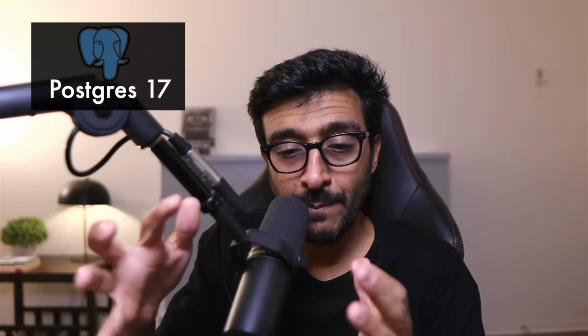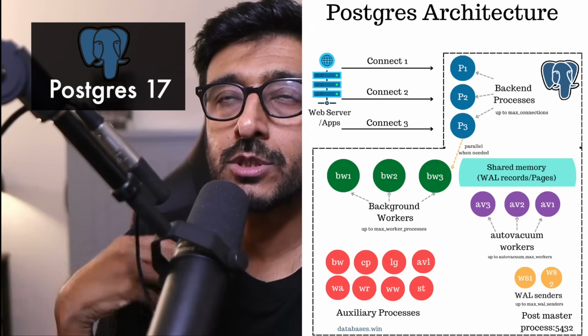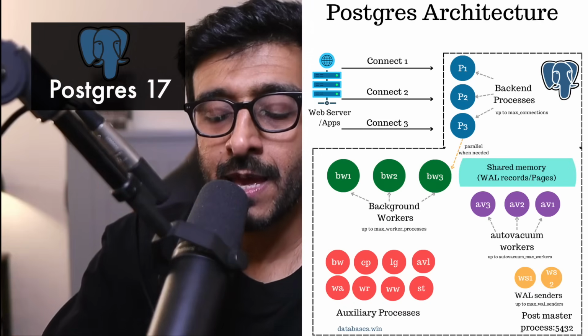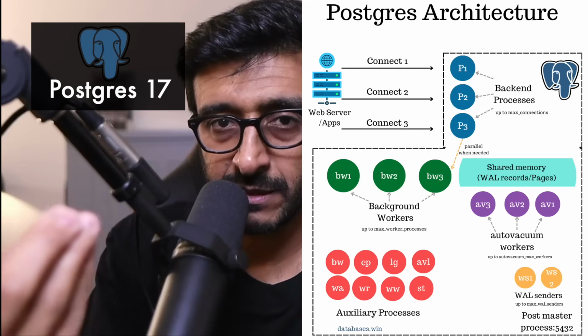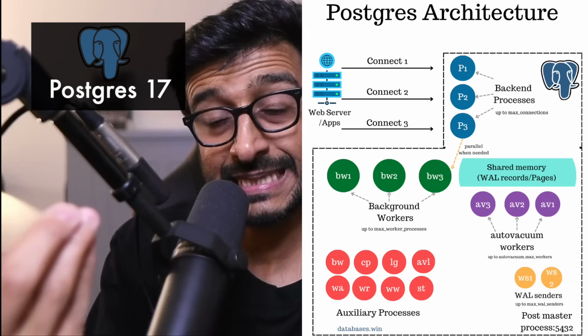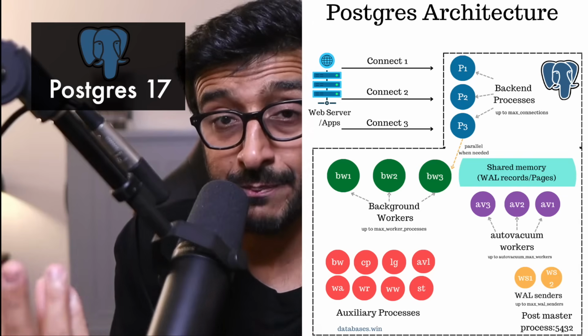So let's talk about Postgres prior to version 18. Prior to Postgres version 18, each time you as a client connect to Postgres, a new process is spun up dedicated for that session, for that connection that you created. In Postgres speech, they call it a backend.